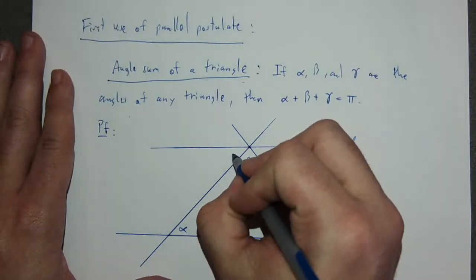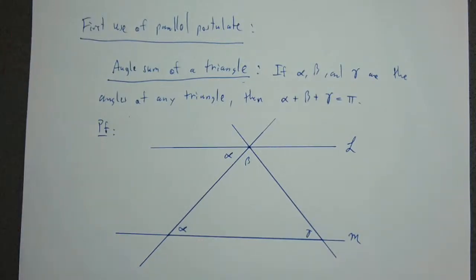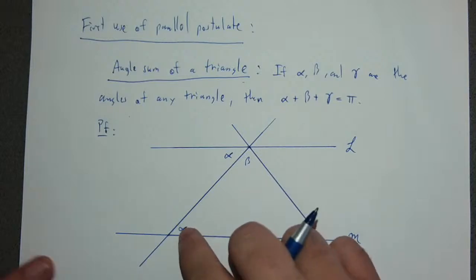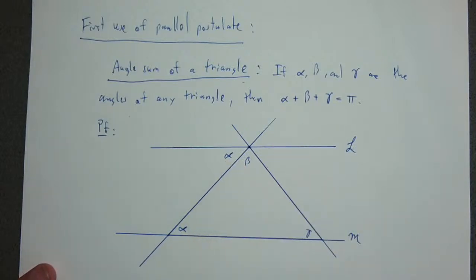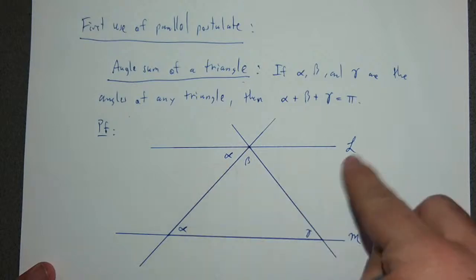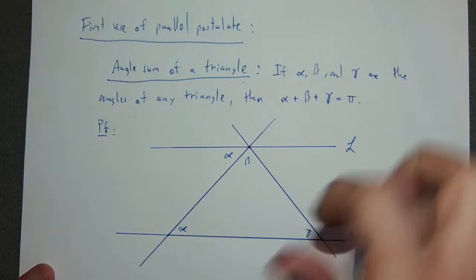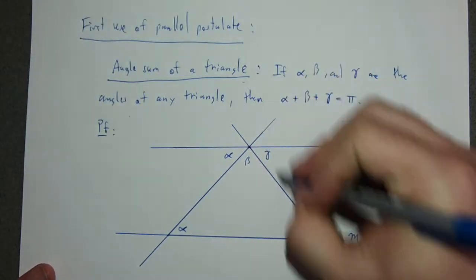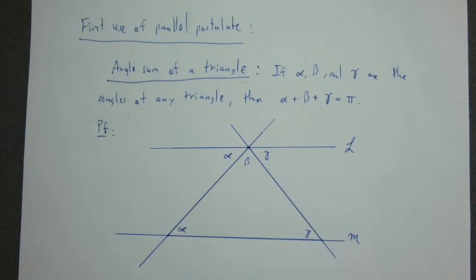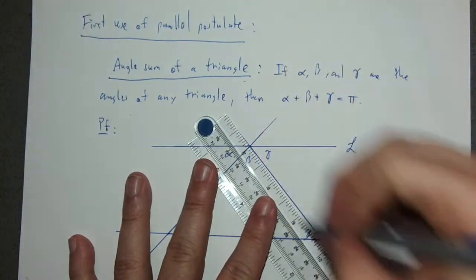Well, what is this angle? It has to be alpha. One reason is that this and this are alternate interior angles, and since we labeled this alpha, this has to be alpha. Because L and M are parallel, these form alternate interior angles, and alternate interior angles are congruent by the parallel postulate. Similarly, this has to be gamma for the same reason, because this forms alternate interior angles between the parallel lines L and M and this line.